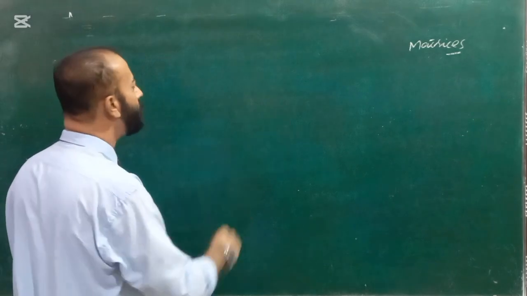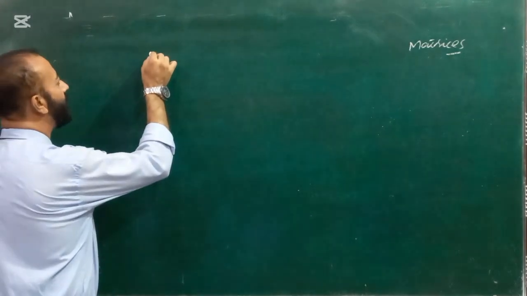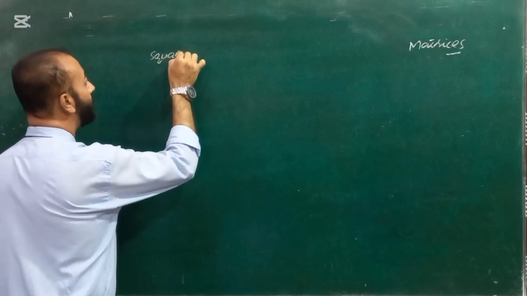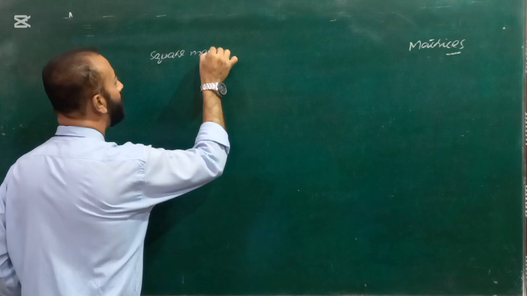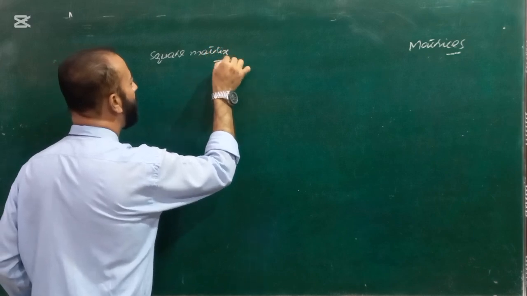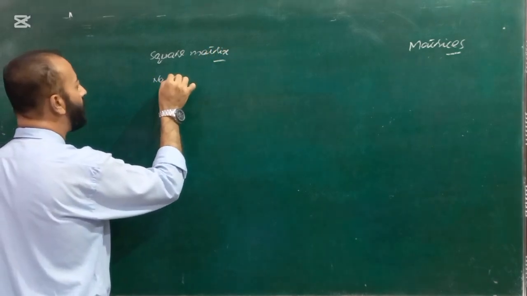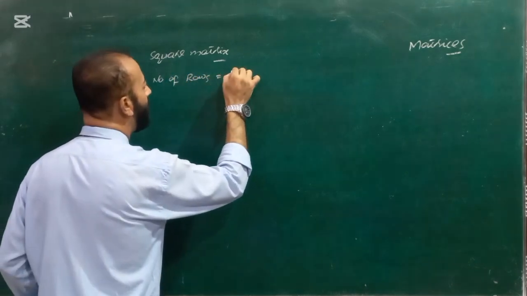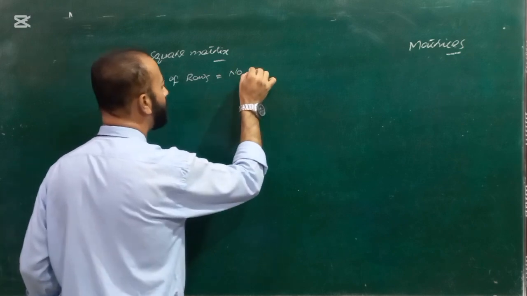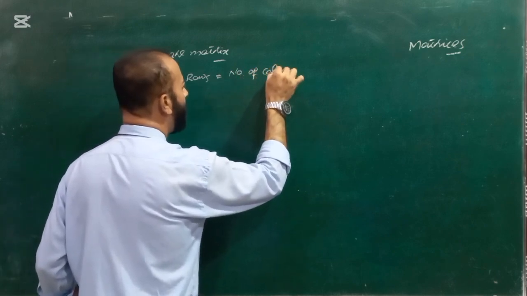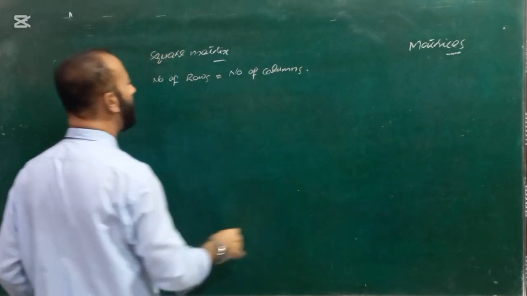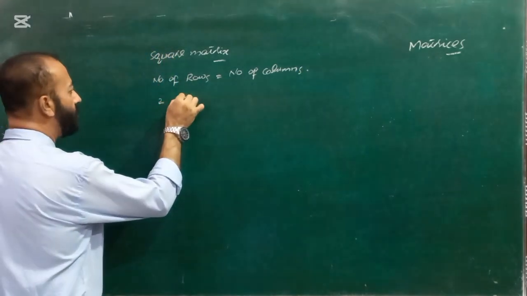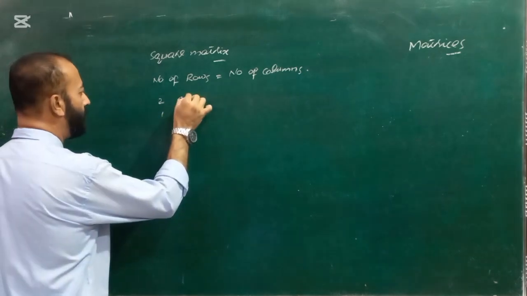The next thing that we are going to read in the topic of matrices is square matrix. So square matrix is a matrix in which number of rows is equal to the number of columns. So the examples may be 2, 0, 1, minus 5.